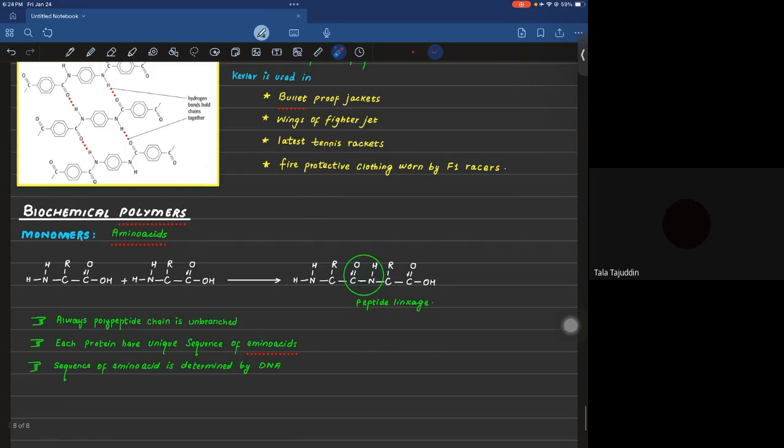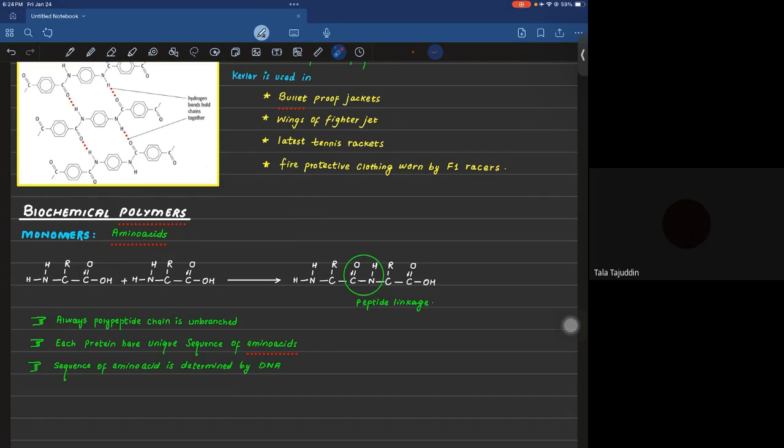So I have taken this monomer that is called amino acid, and I have taken again the same monomer. It's a general monomer because in this you can see R. R stands for any alkyl group.